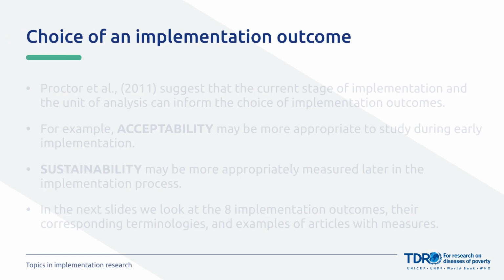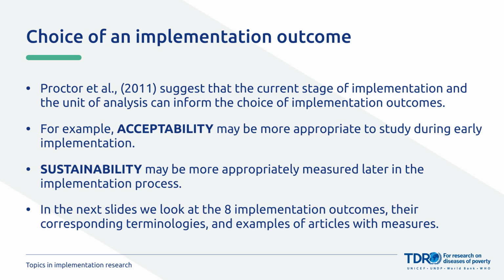Proctor et al. suggest that the stage of implementation and the unit of analysis can help decide which implementation outcomes to focus on. For instance, it might be better to study acceptability in the early stages of implementation, while sustainability could be measured later on.